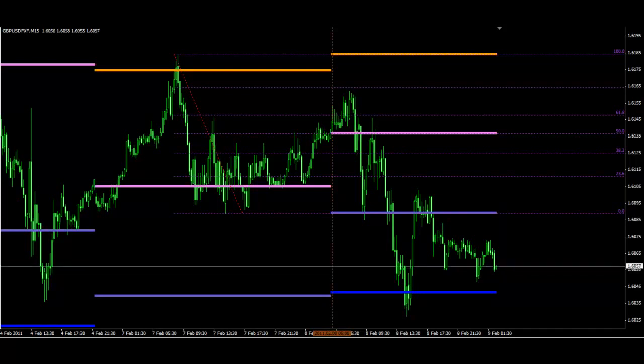If 4-hour is up and daily is down and 1 hour is down, I can still trade and be confident that I'm trading with the intermediate term market flow with the 4-hour. So in other words, I will trade independent of what daily and 1 hour is doing. Whatever 4-hour is doing, that's what I'm trading.